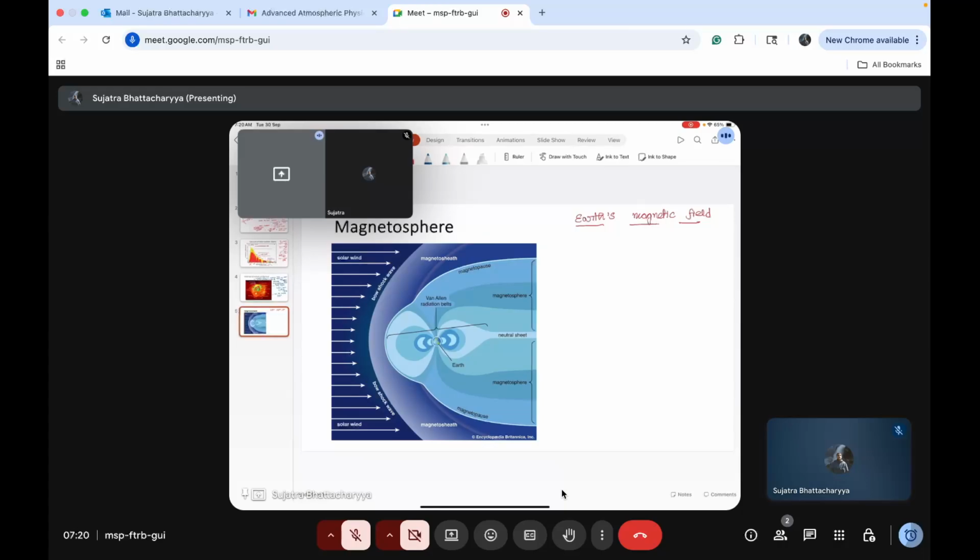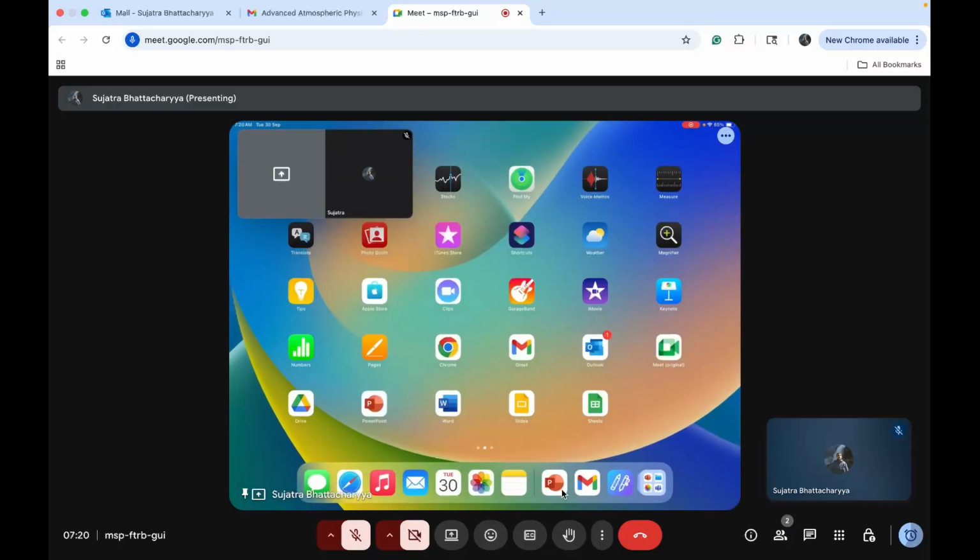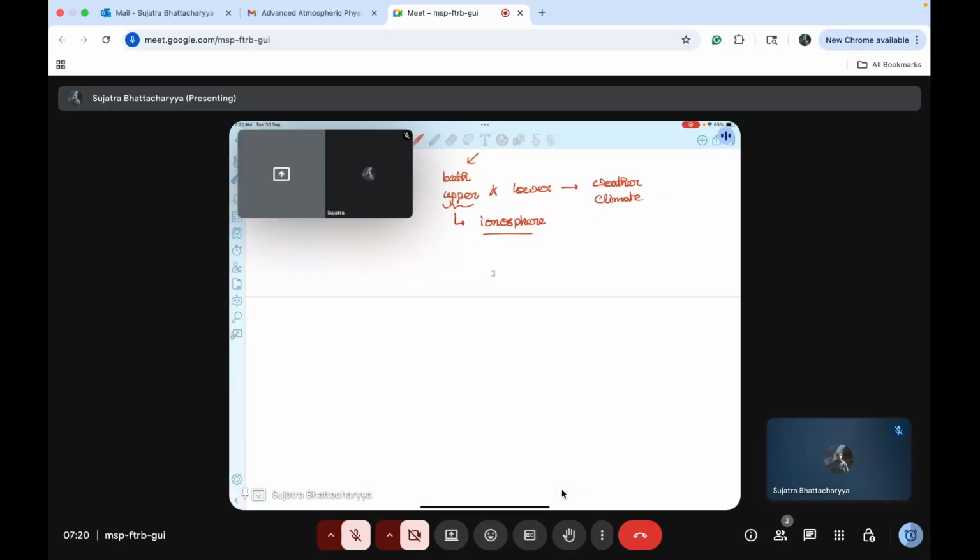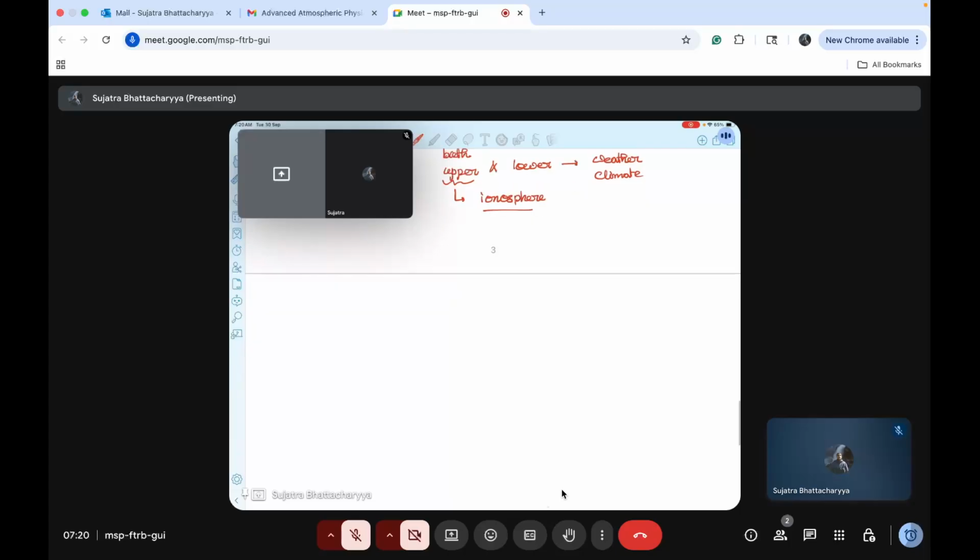Okay, so we go here. Let me write here Earth's magnetic field. This is very important. And after that, we will see different processes that will be based on it. Okay.